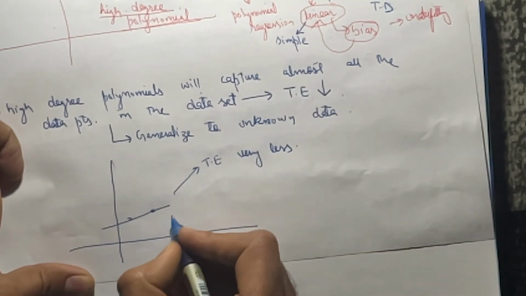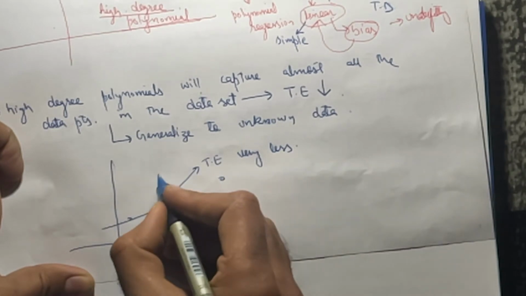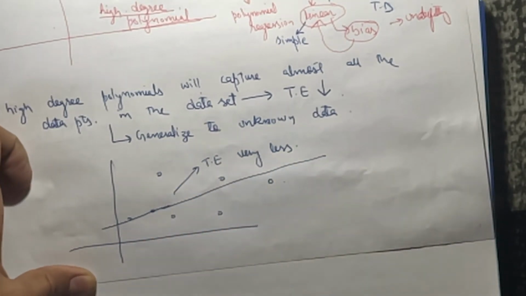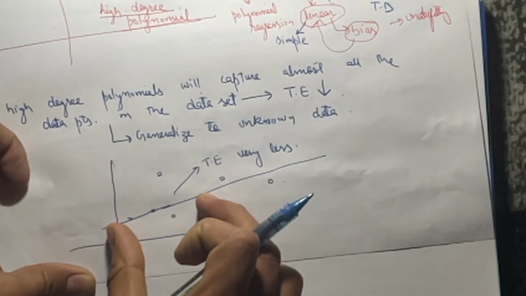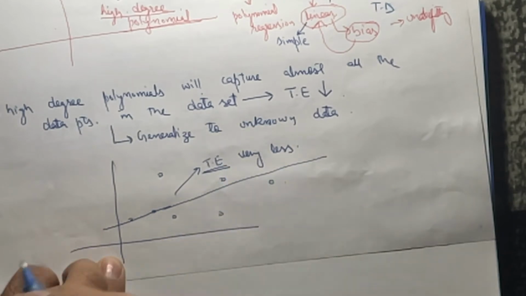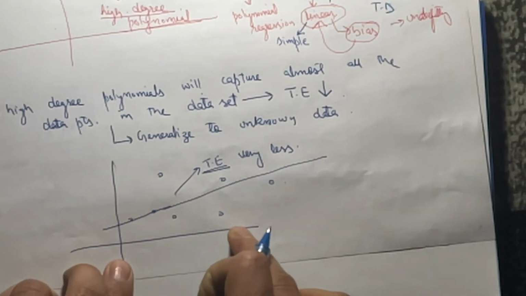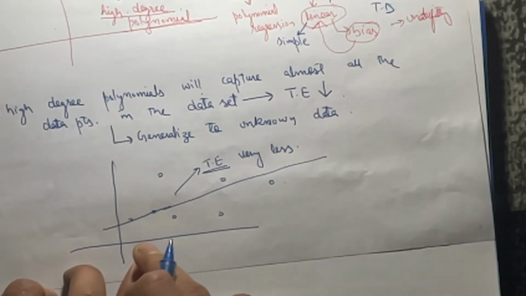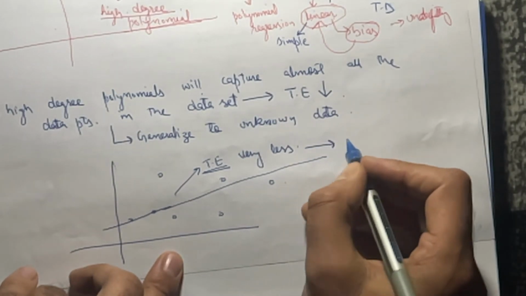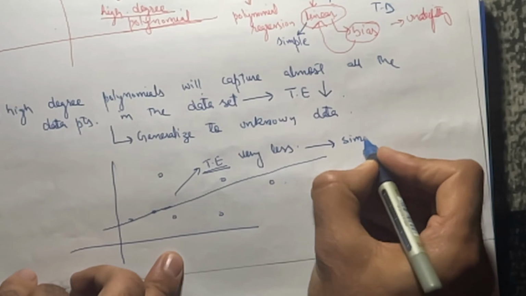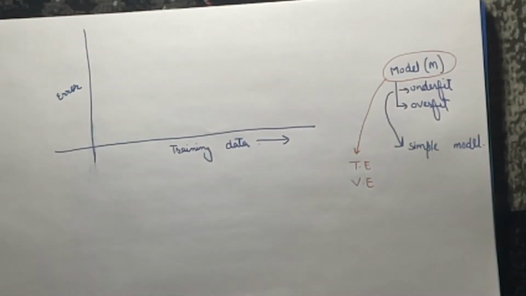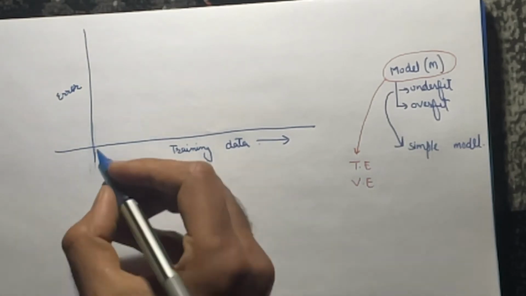But if I increase the number of data points, the model won't be able to capture all of them. It will capture a small number of data points. So for a small training set, training error will be less, but when I increase the size of training data, the training error will increase. This happens for a simple model, or when the model underfits. So I can plot the graph like this.